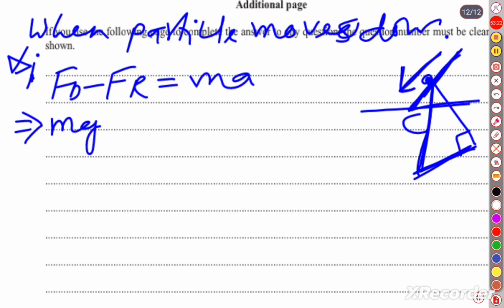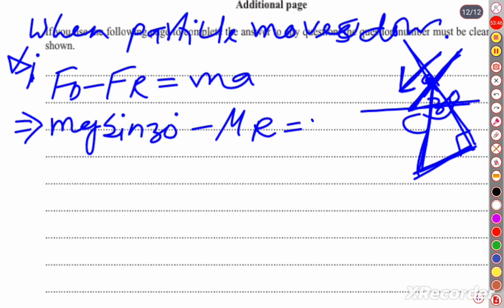But in terms of this triangle, it is a vertical line, and the angle is 30 degrees. So mg sine 30 degrees minus the resistance force. The resistance force is the normal reaction due to friction, which is mu R, equal to ma.